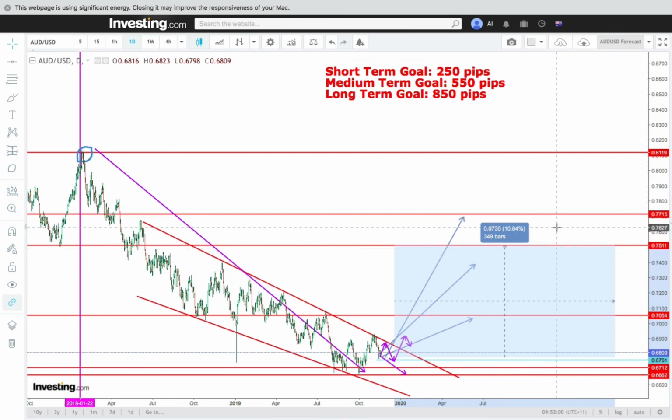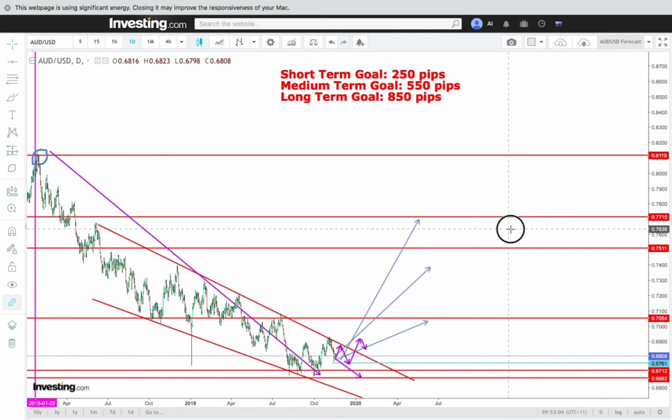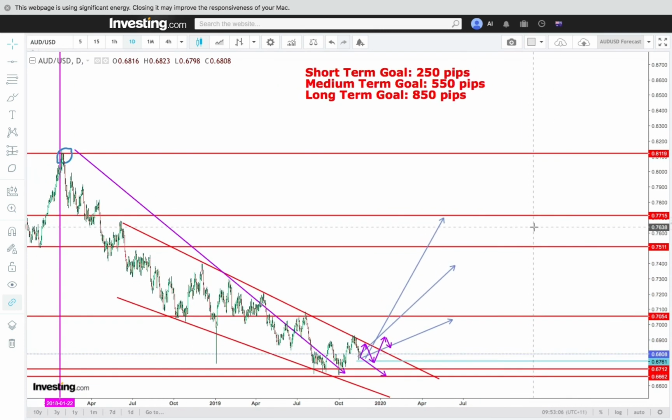This is very easy, because from the Reserve Bank perspective, the Australian economy does very well in this range, between 73 and 75, somewhere there. That's the Reserve Bank's sweet spot range. That's what I call it.